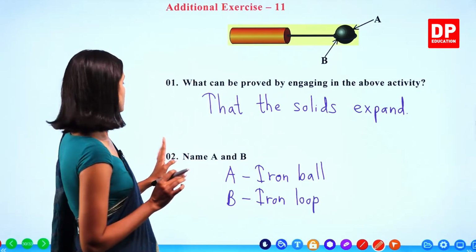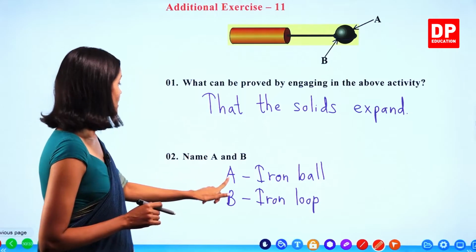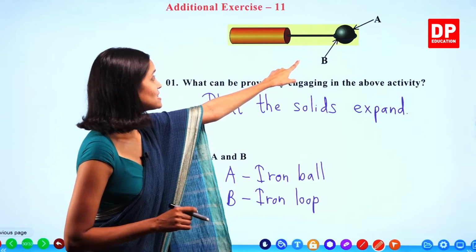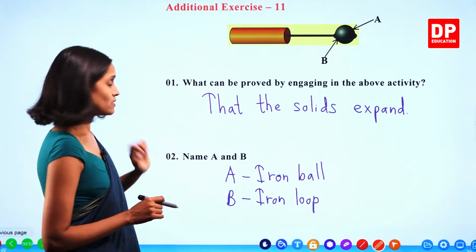Right, children? Number 3. What happens to A when B is heated? When B is heated, A goes through the loop easily, right?